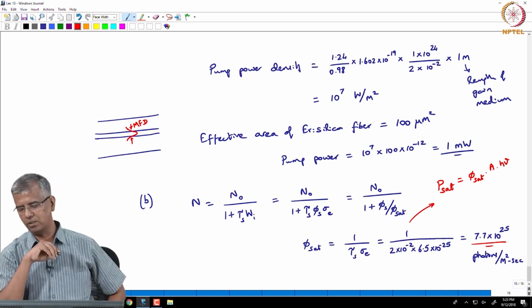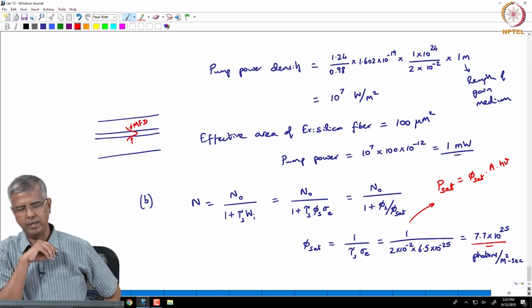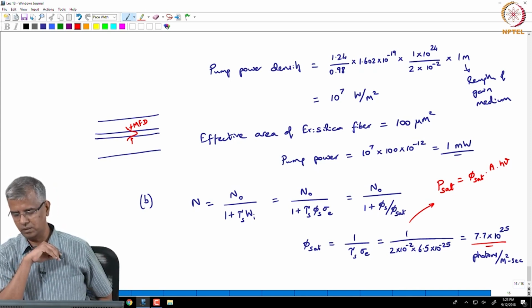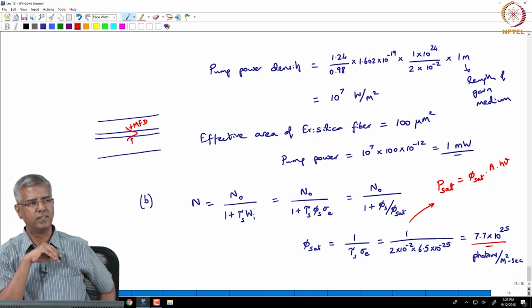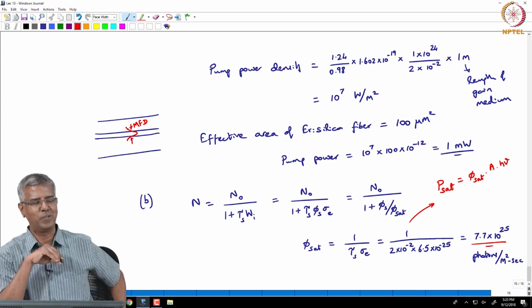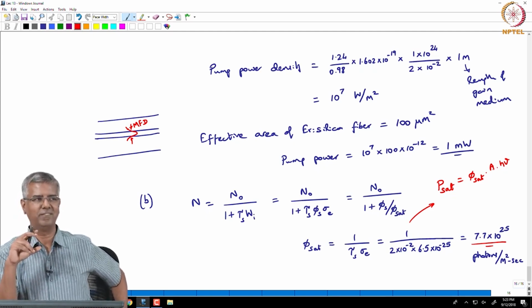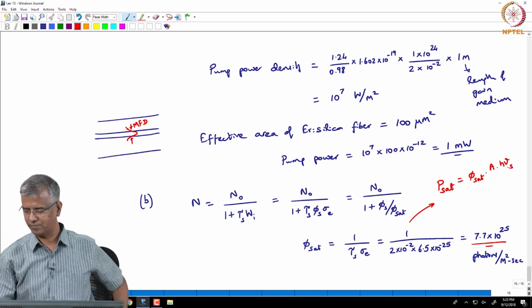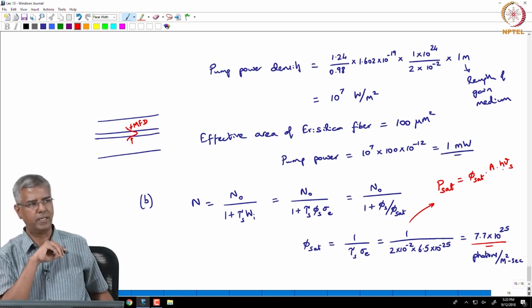right. So, energy over time is power. So, energy of what? With respect to the signal transition we are looking at. So, this is the energy corresponding to the signal photon. Do you understand that?